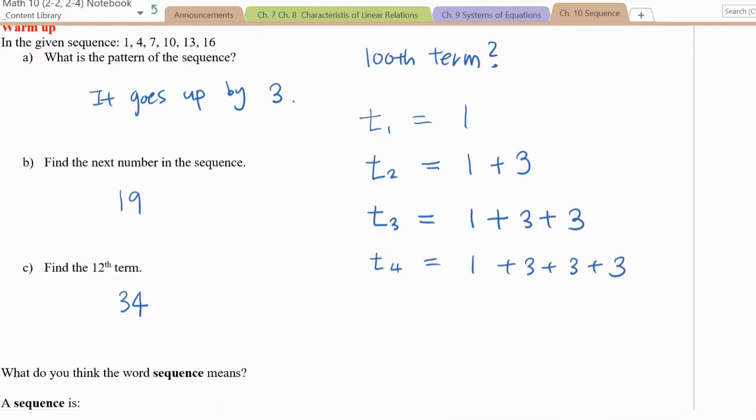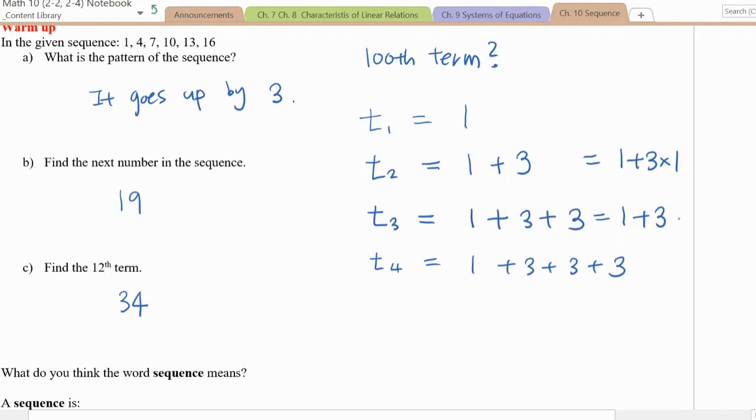Then everyone, let's make a pattern here. First term is 1. And the second term is 1 plus 3. You add 3 only once, right? So that is 1 plus 3 times 1. What about the third term? 1 plus 3 plus 3. So you add 3 twice.